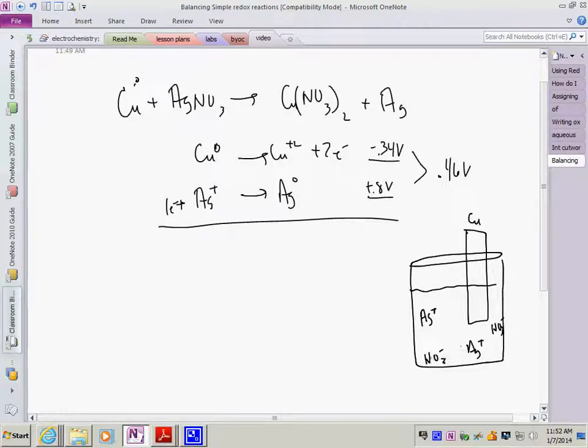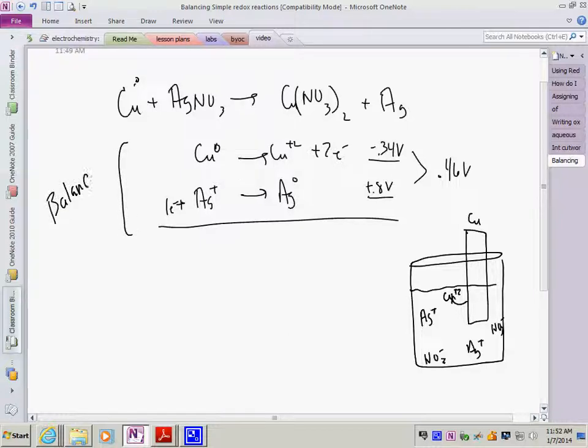Over the course of the reaction, every time 1 copper jumps off into solution, and copper actually is blue, so this will be taking on a slight blue tint as the copper jumps off, 2 electrons have to be given away. Silver can only pick up 1 electron. So part of the balancing process is to balance the electrons.